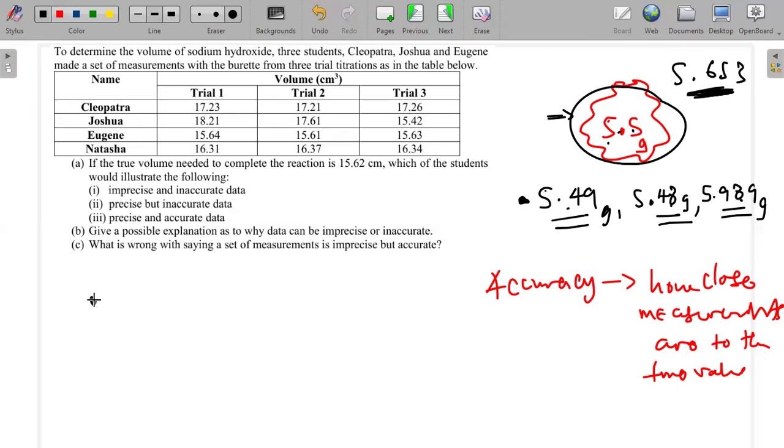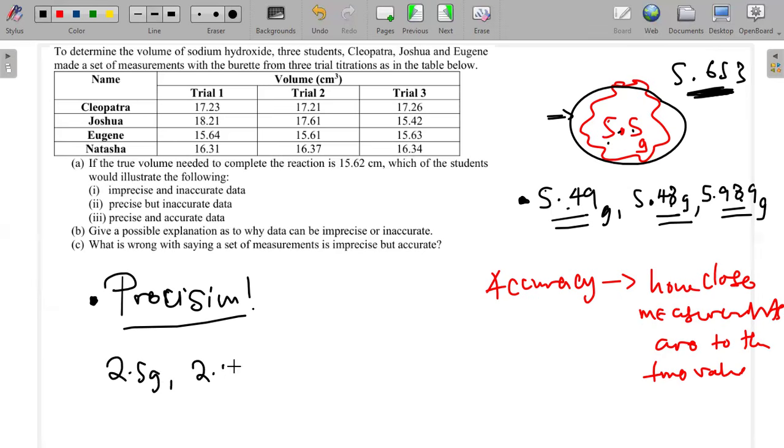All right, so the other thing that we have to learn is the precision. So what is precision? Precision is how close the measurements that you've made are to each other, and not necessarily to the true value. So the true value can be 5.5 grams like we did, and when you're measuring, maybe you find 2.5 grams.